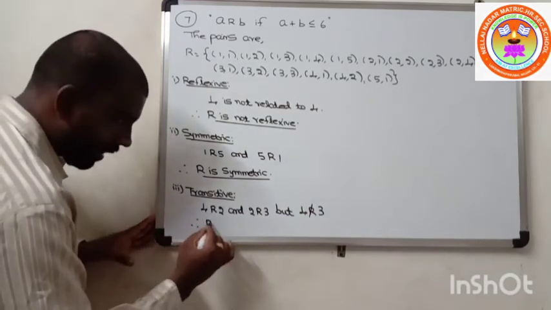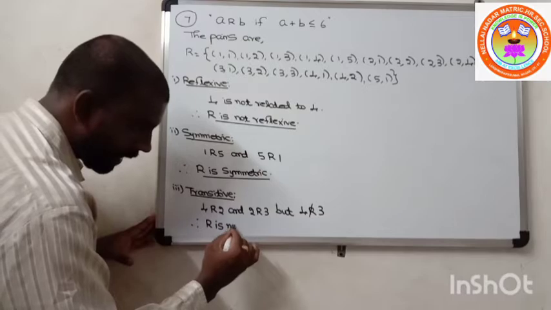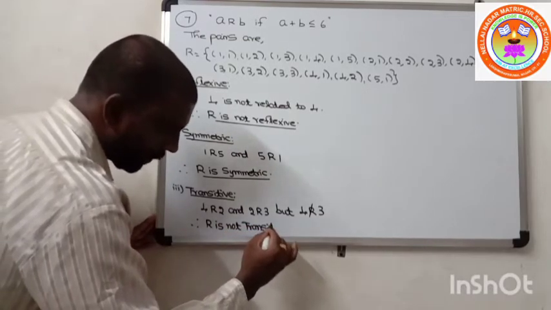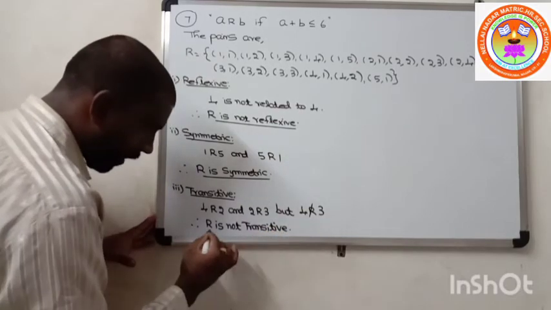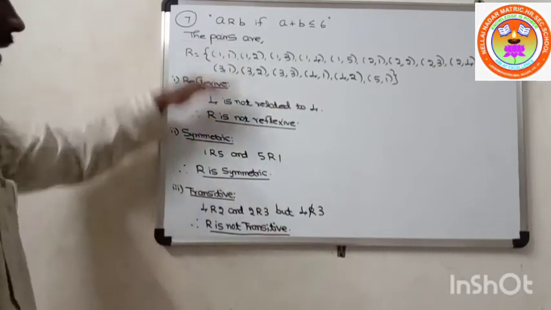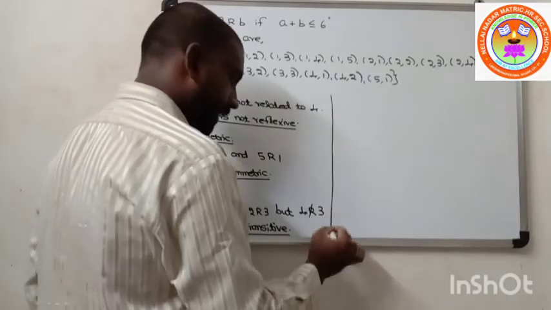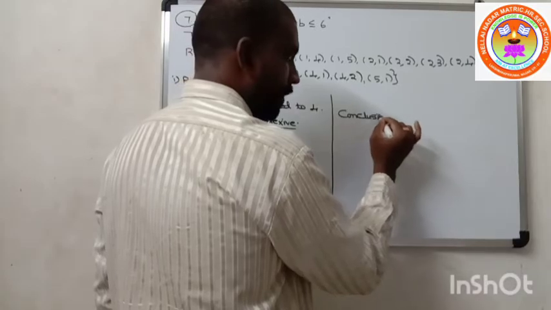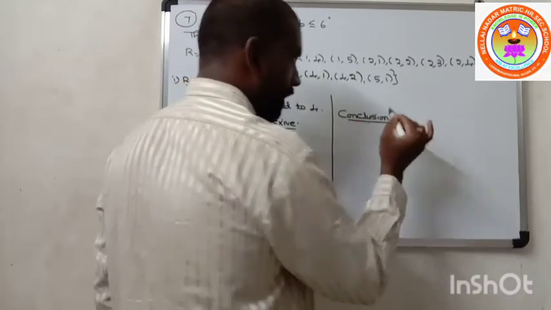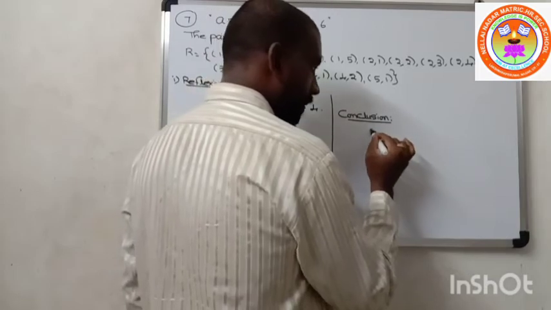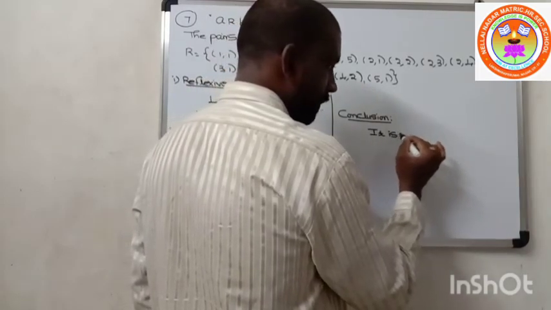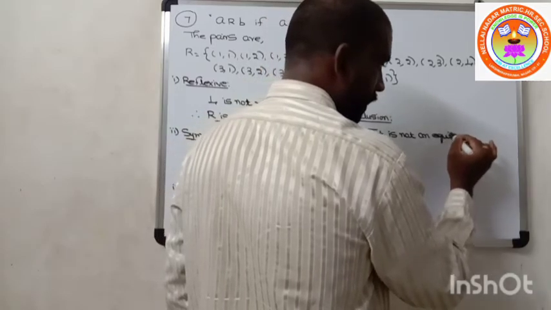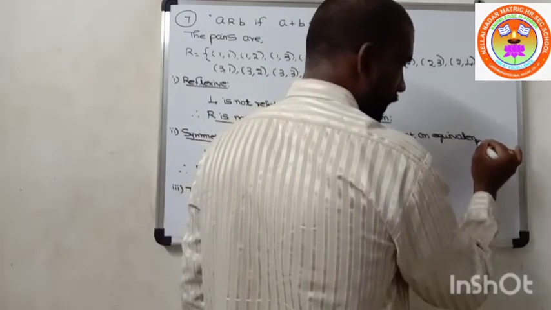So R is not transitive. For all the 3 conditions satisfied, it is an equivalence. Now you write down the conclusion. It is not an equivalence.